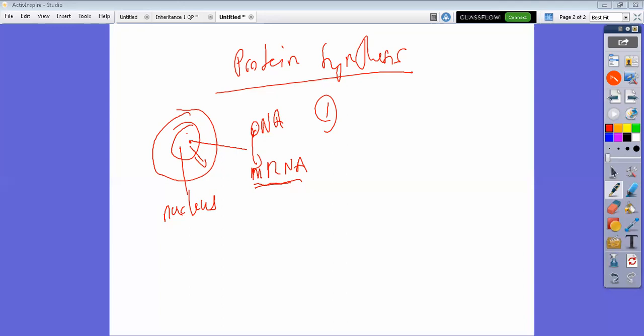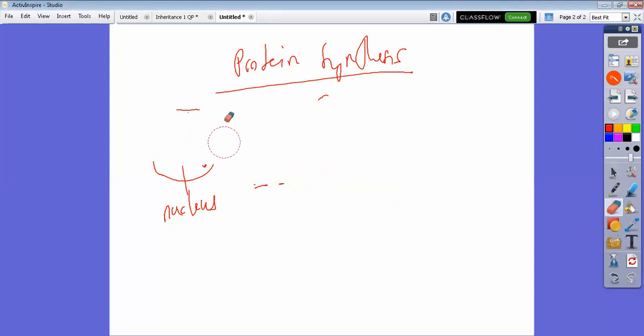There are 4 different bases that exist in a DNA. You are not required to know the names, but I'll give you the names.